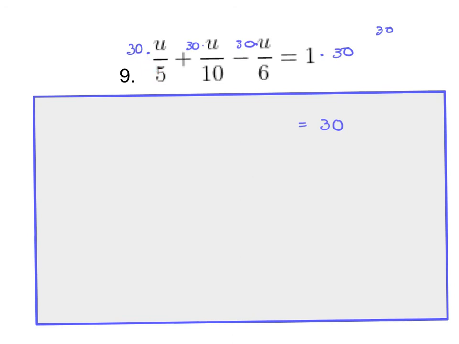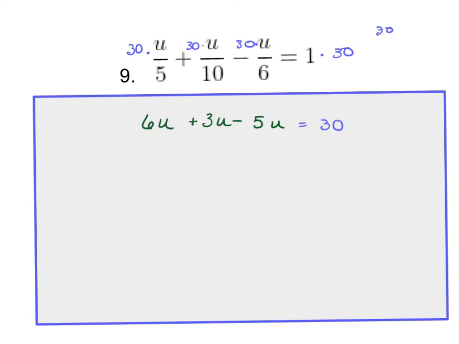The left-hand side, this is kind of cool, since 30 is a multiple of 5 and a multiple of 10 and a multiple of 6, that means they can all be divided into that 30. So 30 divided by 5 is just 6, so that is now 6u. And 30 divided by 10 is 3, so it's 3u. And 30 divided by 6 is 5, so that's 5u. So in this case, by multiplying by the least common multiple of the denominators, I can get rid of all the fractions at once.